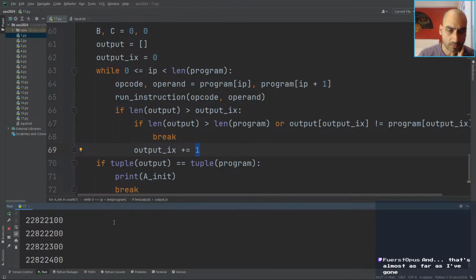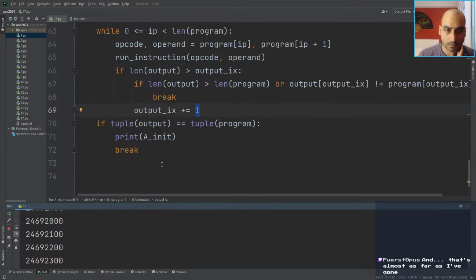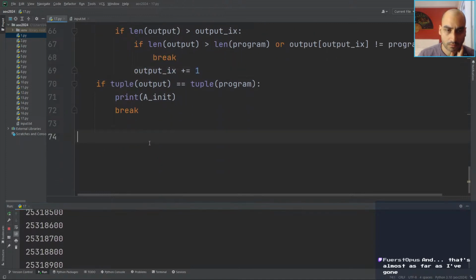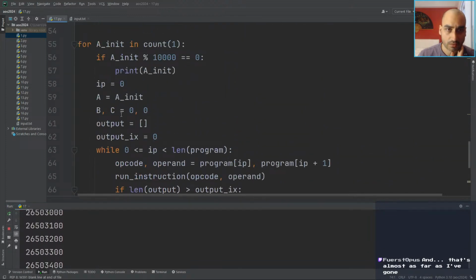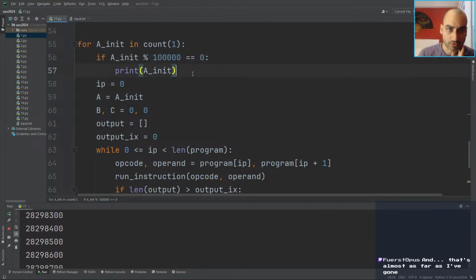We're at like 20 million. Printing too much. Can go like every 100,000, but I guess I'll just leave it running.